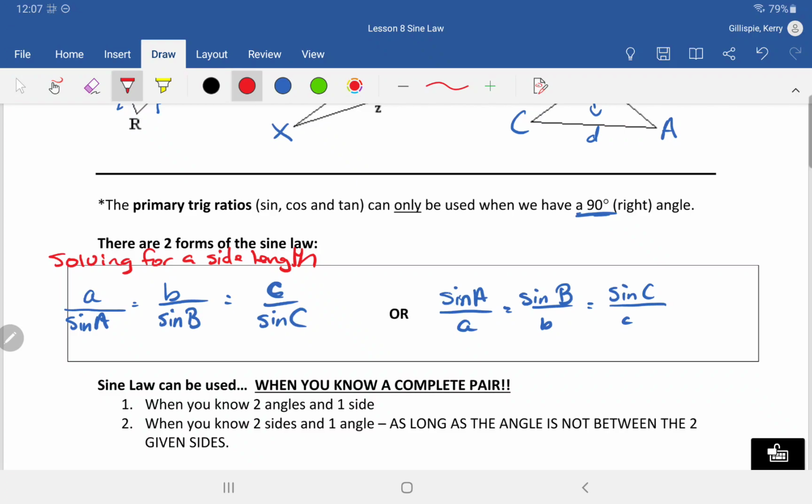This version of the formula, the second one, is easier to solve if the angle is what you want to know. So if you're solving for an angle, it's easier if the angles are on top. So that's my recommendation as to which formula to use. If you want to know a side length, put side lengths on top. If you want to know an angle, put angles on top.